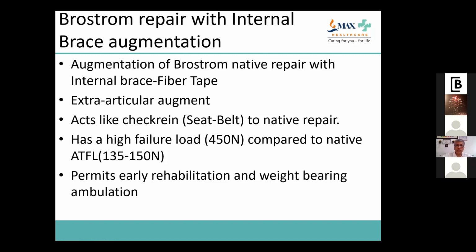So after we do the Brostrom repair, we add a fiber tape which has a very high failure load compared to the native ATFL. What it does is act like a check rein or a seat belt to the native repair. And the patient can undergo early rehabilitation and weight-bearing ambulation.